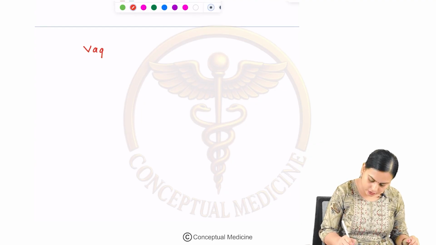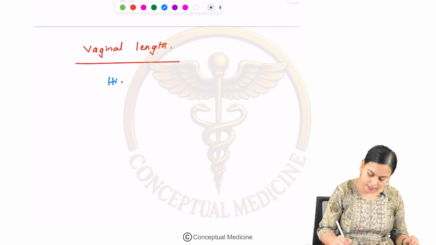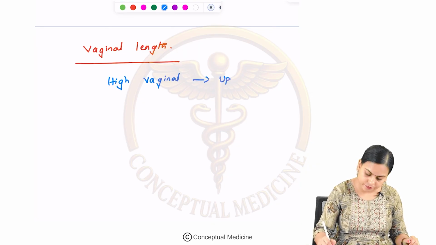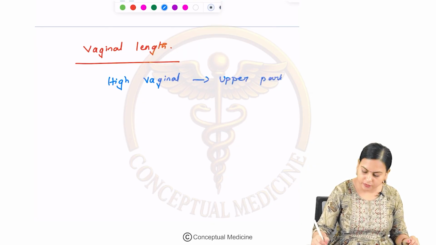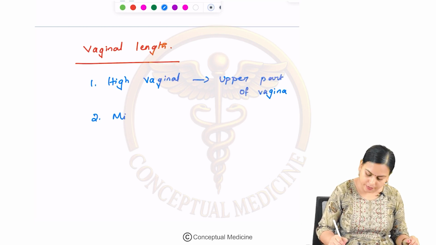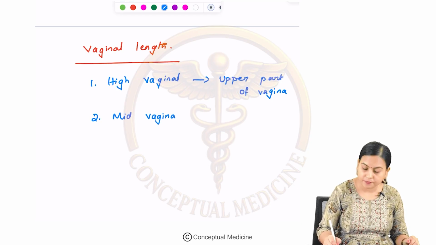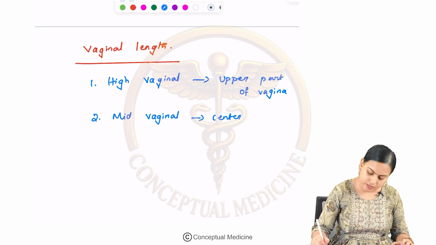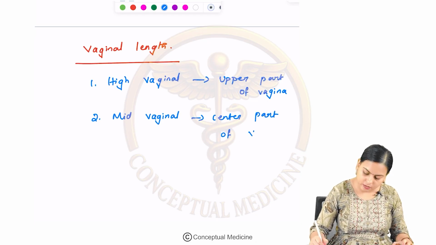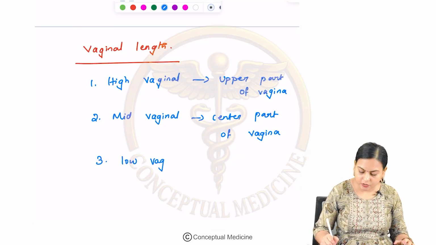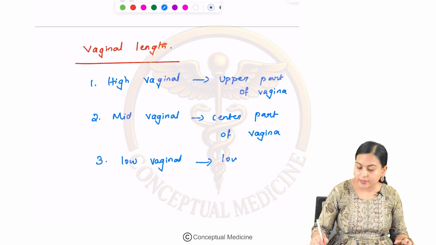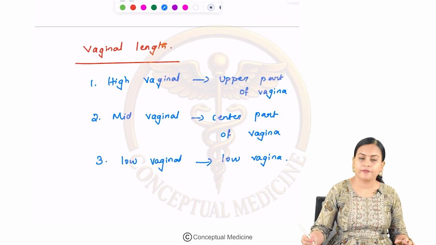Next one is according to the vaginal length. It can be a high vaginal fistula that is present in the upper part of the vagina, then a mid vaginal fistula that is present in the center part of the vagina, and number 3, yes, it can be a low vaginal fistula also where it is present in the lower part of the vagina.